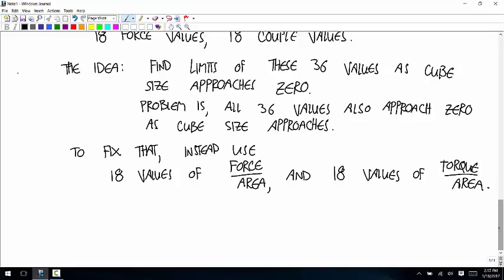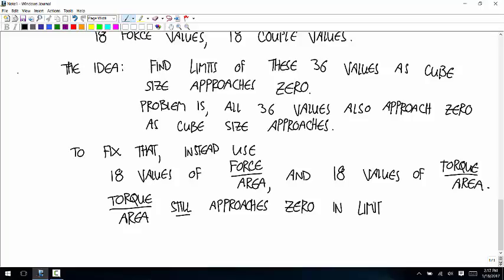Well, torque per area still goes to 0 as you take that limit. And the reason for that is that even though force per area now isn't going to approach 0, you multiply that by the distance those two forces are acting apart to get the couple. And as you shrink the size down, that moment arm is going to 0.